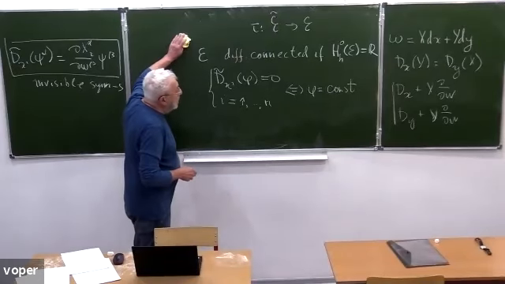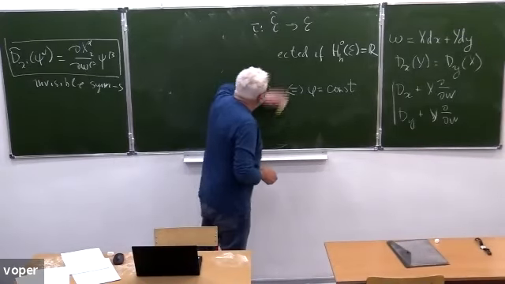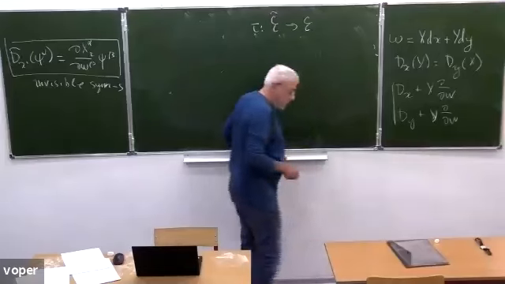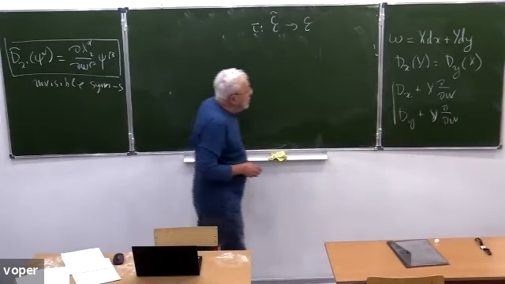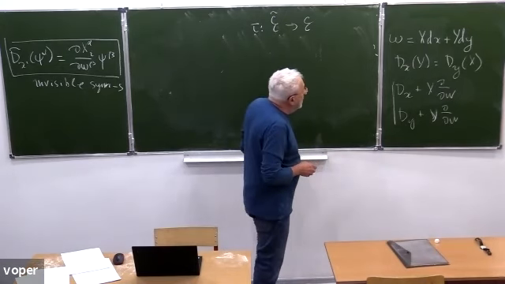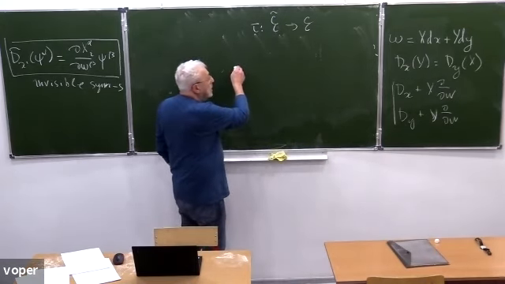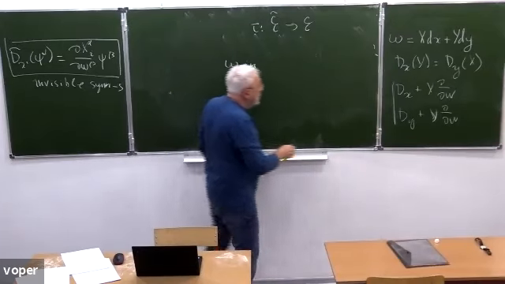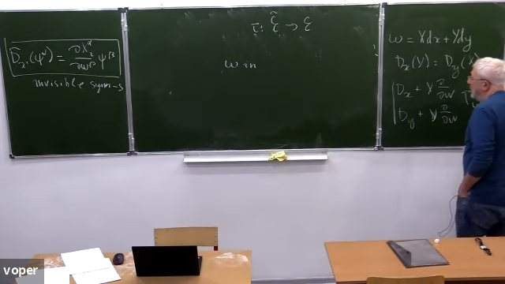Well, now coming back to our situation, we can state that omega is, well, let's denote this covering by tau omega.